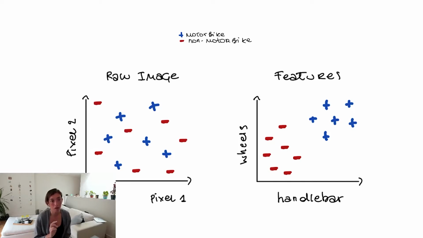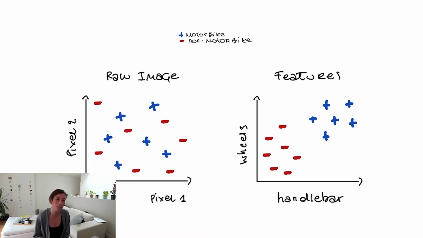Both examples only use two features, but the second set of features performs better because it embeds information that is more relevant to discriminating between two classes. Intuitively, knowing that some pixels are gray and some pixels are blue is way less meaningful than knowing that there are wheels and a handlebar in the photo.